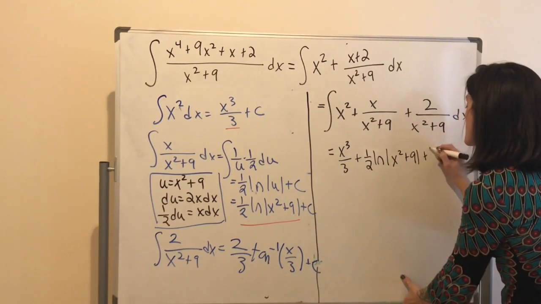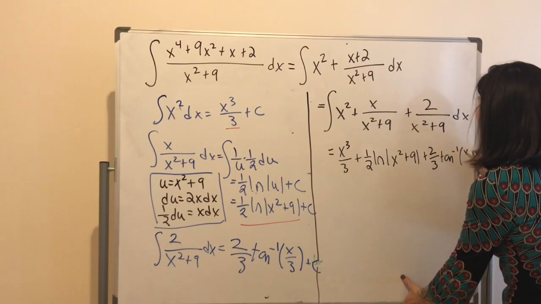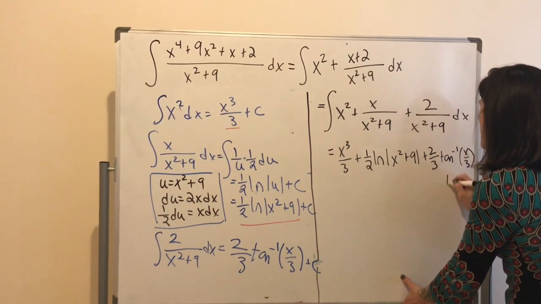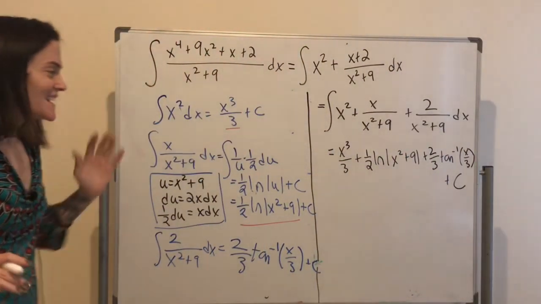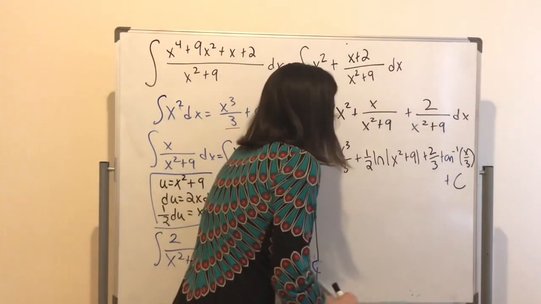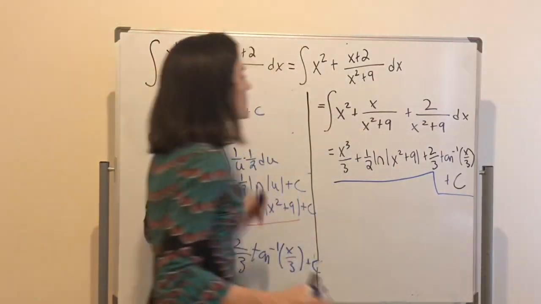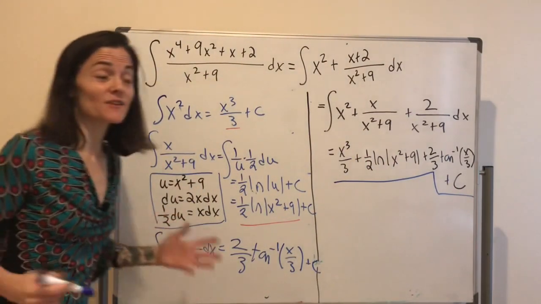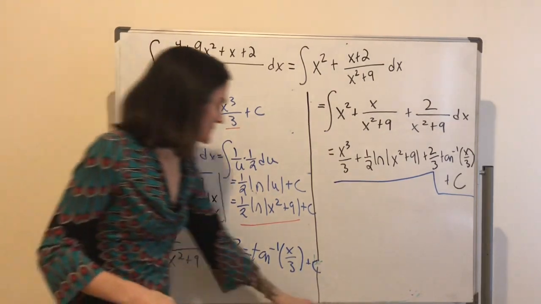You don't have to think if what's inside is positive or not. My plus c had to be moved to another line, but it's there. Don't forget plus c. So here is my antiderivative in this case for this rational function where we had to first long divide. Okay.